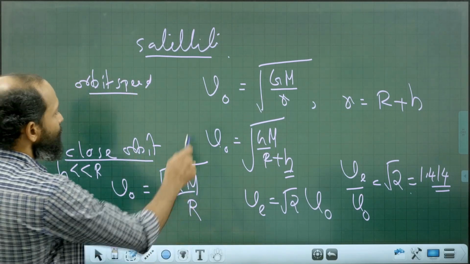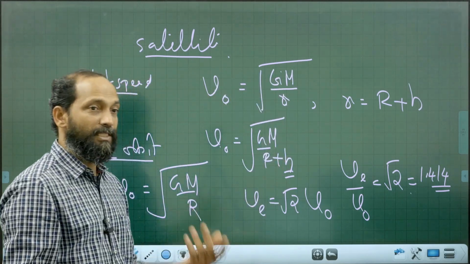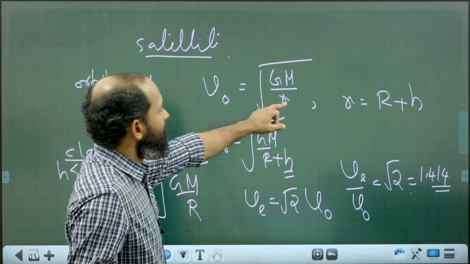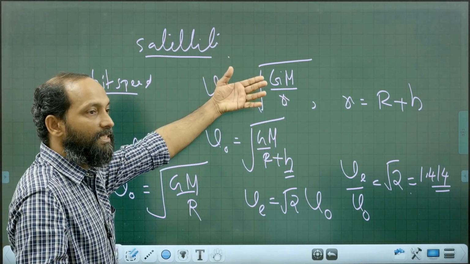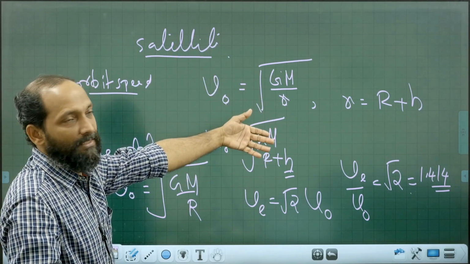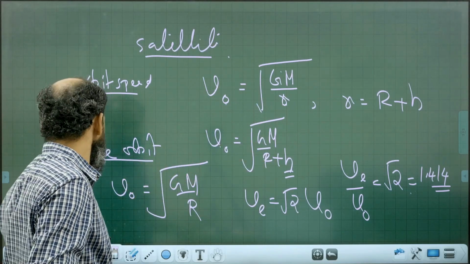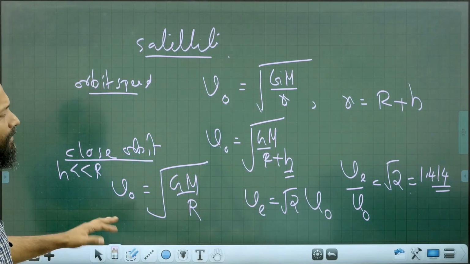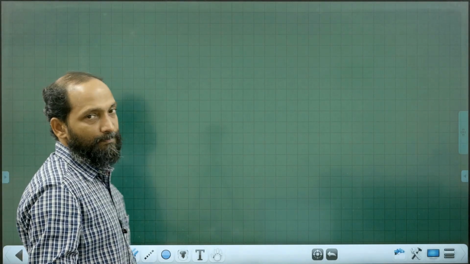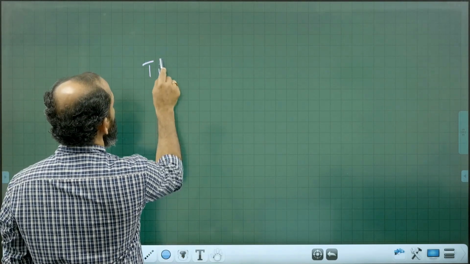Orbit velocity is proportional to 1 by root r, so for different orbits the speed would be different. As the orbit radius increases, the satellite moves to a higher orbit. For a greater altitude orbit, its speed decreases, as 1 by root r. Now, orbit time period. Time period of a satellite.